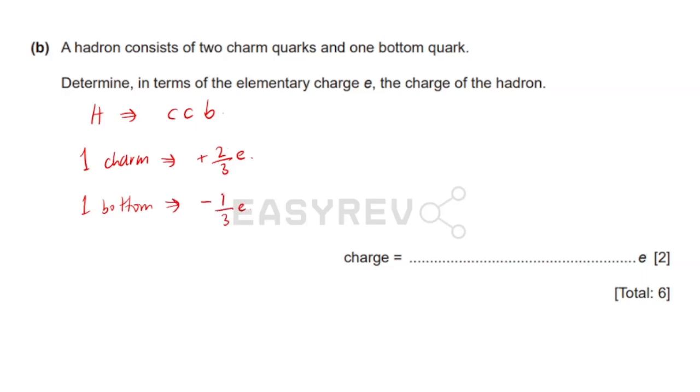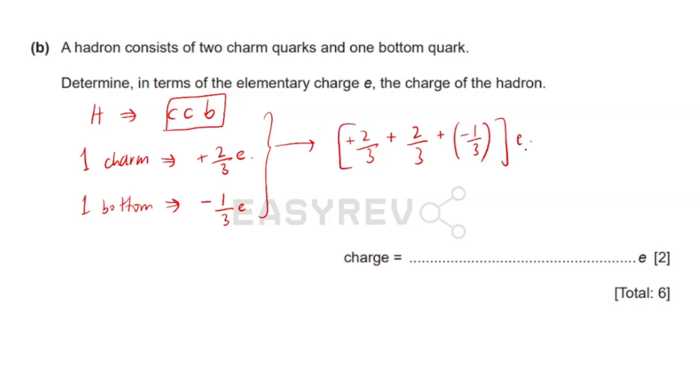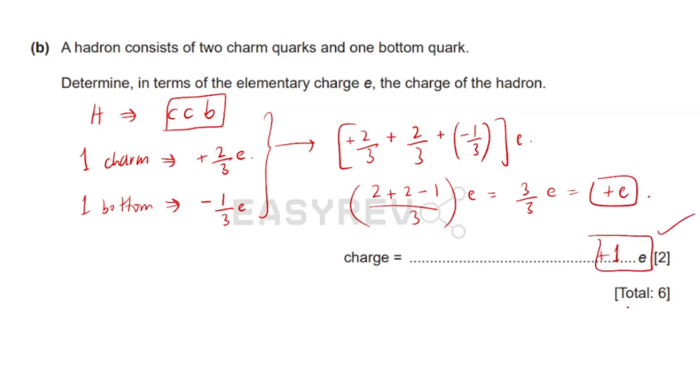So it's just a matter of adding these up in accordance with the composition of this hadron, which in our case would be plus 2 over 3, plus 2 over 3, plus minus 1 over 3 times the elementary charge. In which case we just add up the numerators, 2 plus 2 minus 1 over 3 times the elementary charge. 4 minus 1 will give us 3. We get plus e, or just plus 1 times the elementary charge, right?